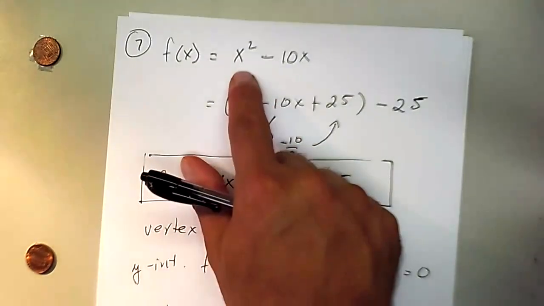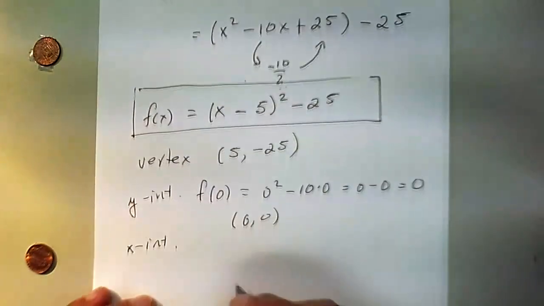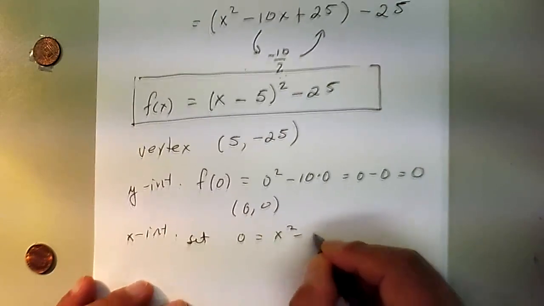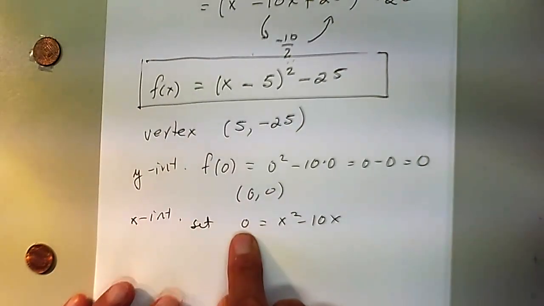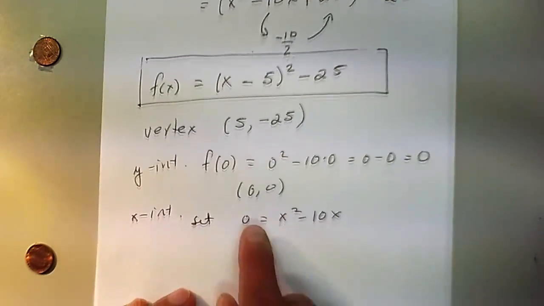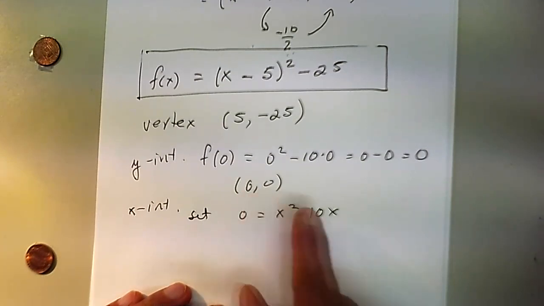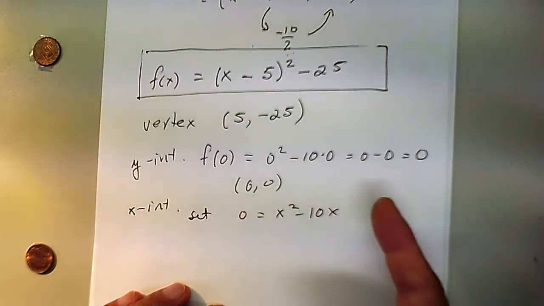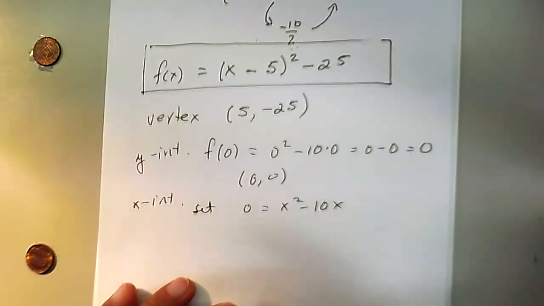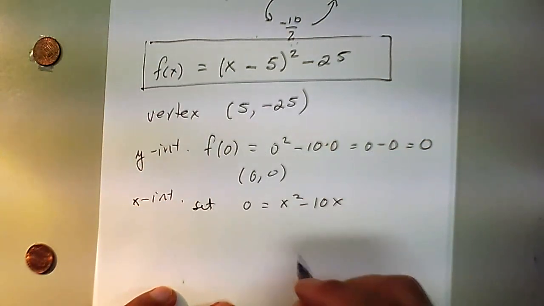Well, that's going to be when we set the output to be 0, set 0 to be x squared minus 10x. So the output is 0, and then we solve for x. And you may say, well, isn't 0, 0 the y-intercept, the x-intercept as well? That would be 1, yes, but a parabola many times has 2 x-intercepts because it changes the direction.